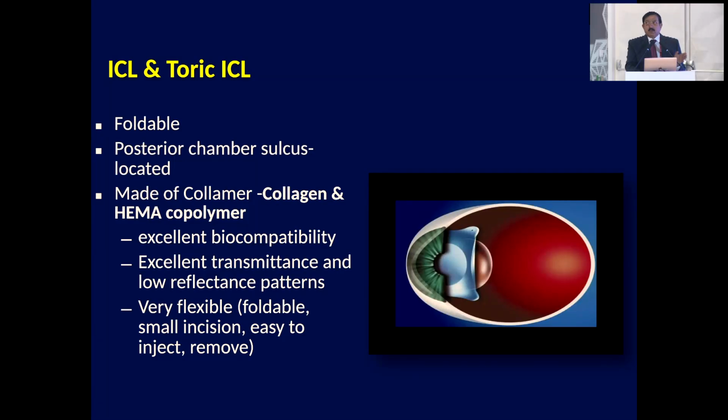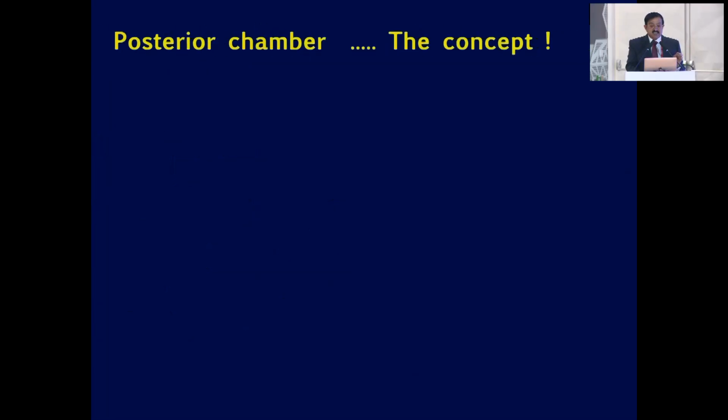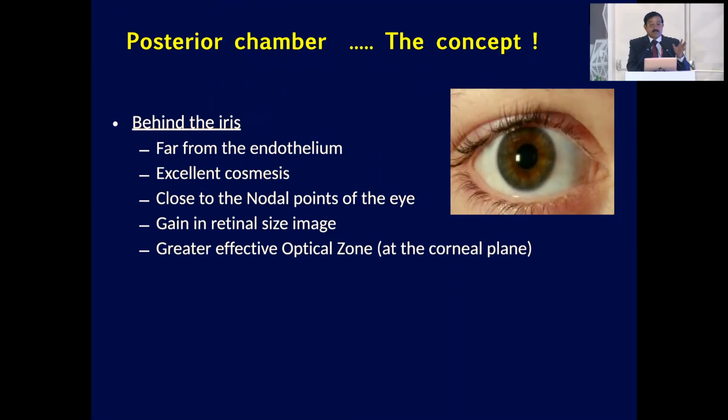So about the quality of these lenses: excellent quality, very flexible, and the flexibility is one of the most important things in these lenses. They go into the posterior chamber, which is the actual concept, behind the iris, far from the endothelium. Why I'm repeating these things is because you need to be very, very confident that it is a good lens, it goes into the right place, and it will stay forever until, of course, it's explanted for reasons that require it.